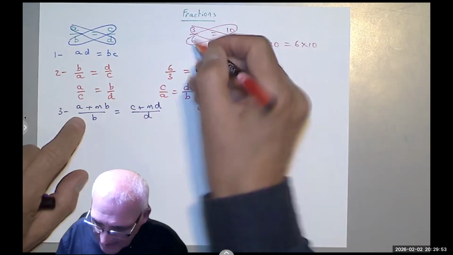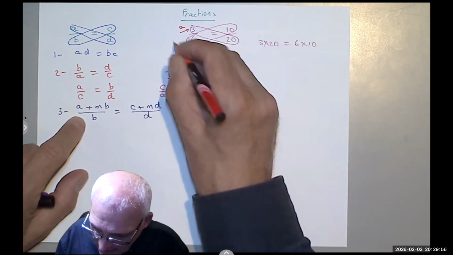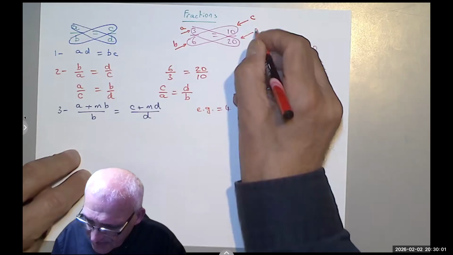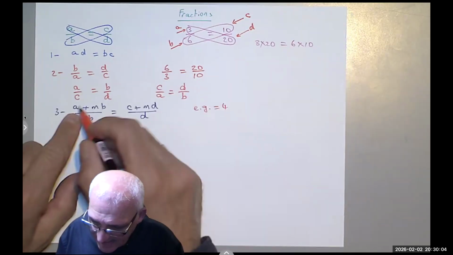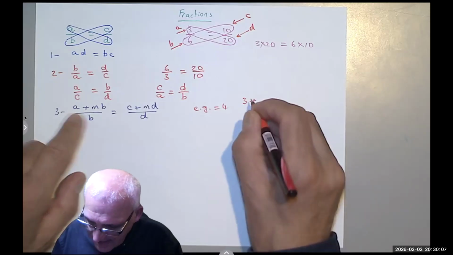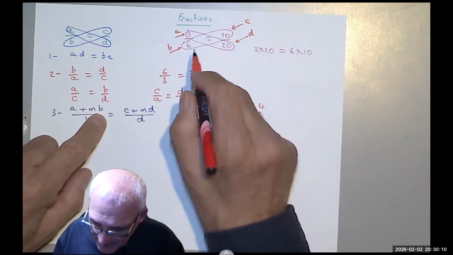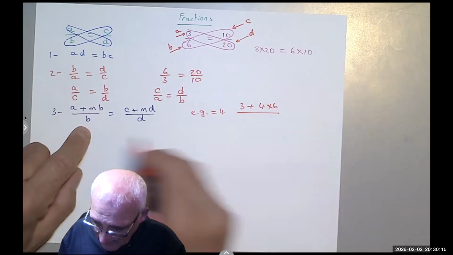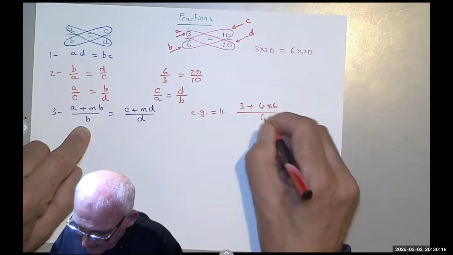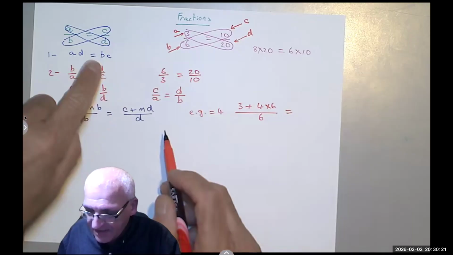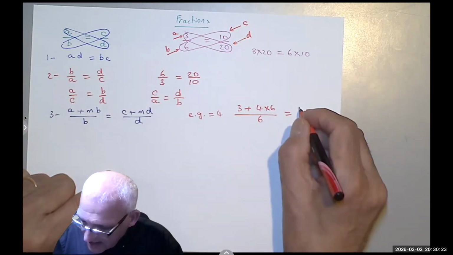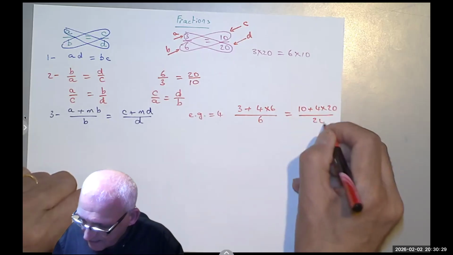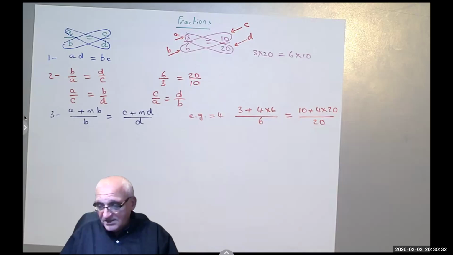Remember we said 3 over 6, so that was A, that was B, that was C, and that was D. If I use M equals 4, I say A, which is 3, plus M, which is 4, times B, which is 6, divided by B, which is 6, is the same as I do the same thing for C over D. So I say C plus 4 times D over D. It doesn't have to be 4.